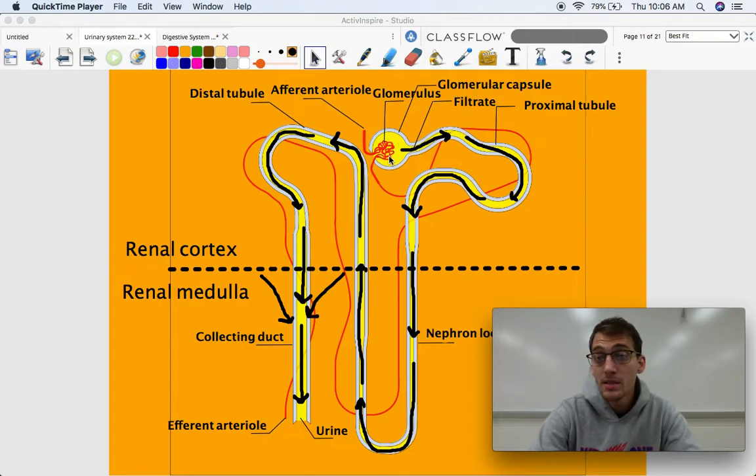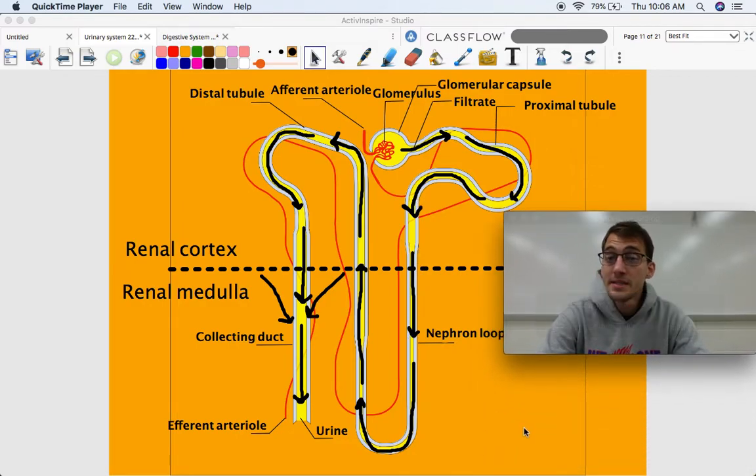And thanks to some pressure that's going to be applied from the glomerular filtrate, it's going to be pushed first through the proximal tubule, and again, we are in the renal cortex here. It's going to descend into the renal medulla through the nephron loop.